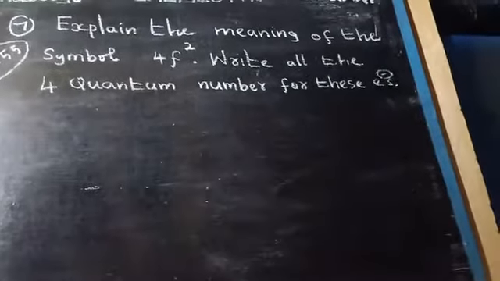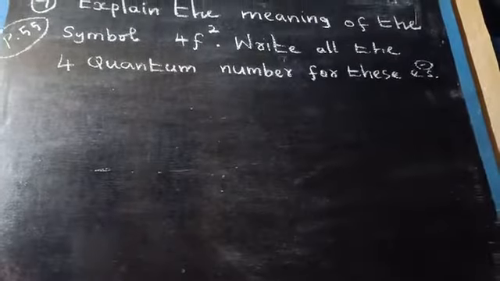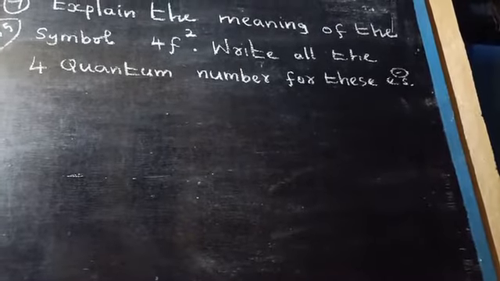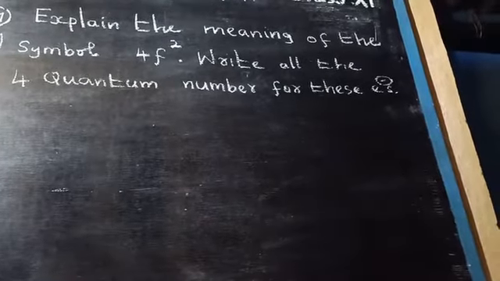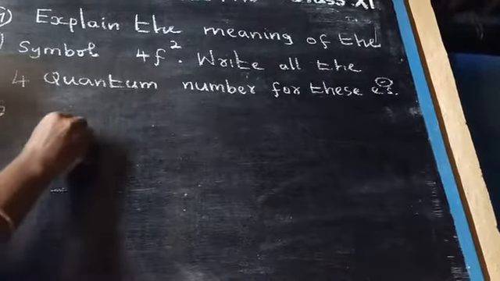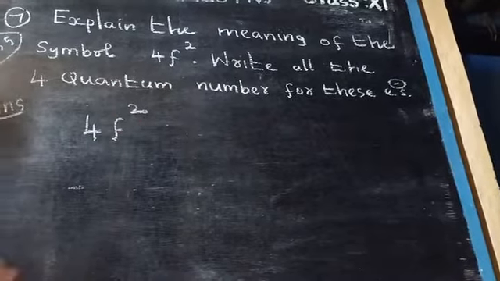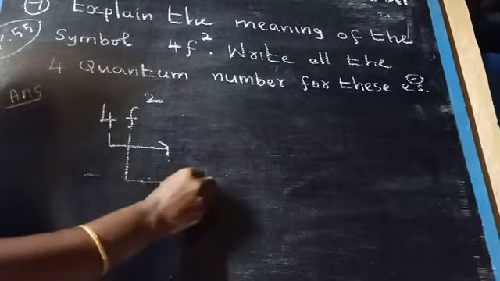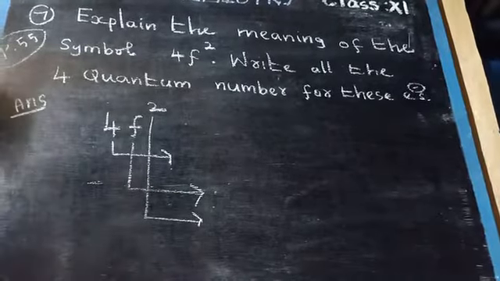Next question. Explain the meaning of the symbol 4F2. Write all the 4 quantum numbers for these electrons. Once again, explain the meaning of the symbol 4F2. We want to explain what this 4 denotes, what the F denotes, and what this number 2 denotes.